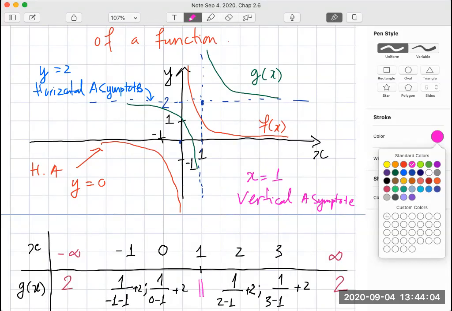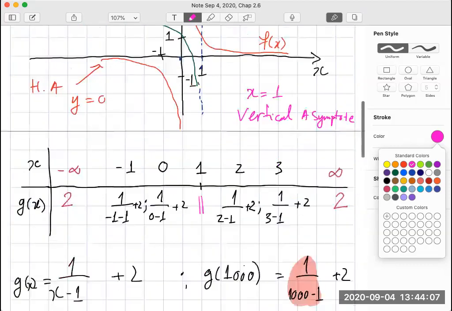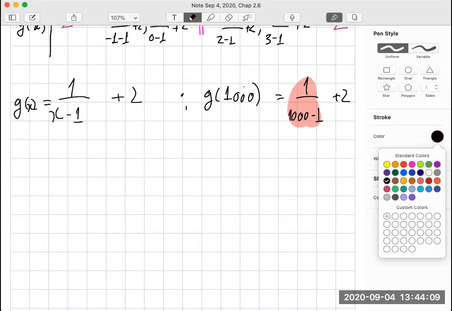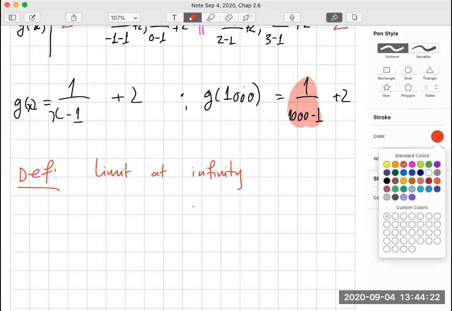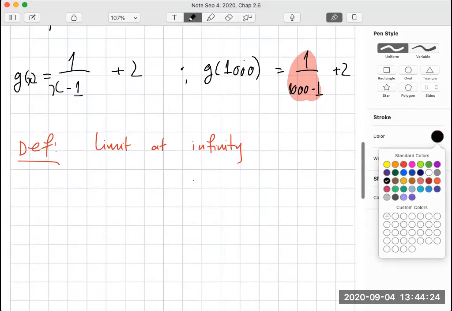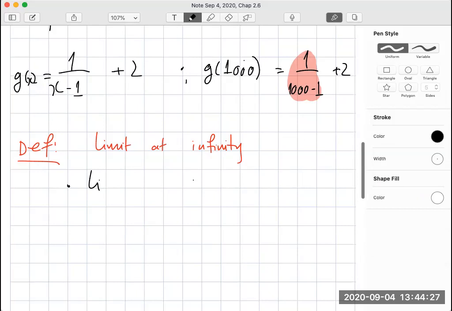Is it clear? So we can write it here. Definition of limit at infinity. There are three things. The limit of a function f of x when x goes to infinity equals a constant.